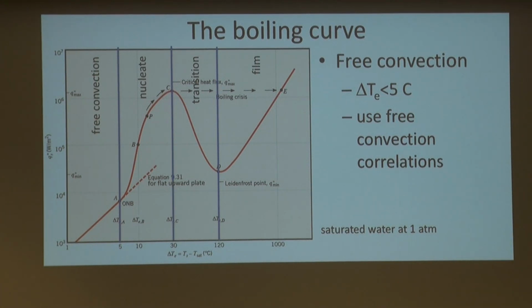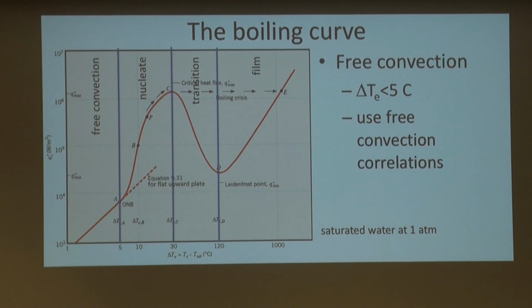So for the case of low excess temperatures, you use the same correlations we have discussed for natural convection. In particular, remember that we saw an equation for convection on the upward surface of a plate, right? And we also said you define the characteristic length as area over perimeter, so you can even have different shapes, right? So between 0 excess temperature and 5 degrees of excess temperature, you already know what you're doing.